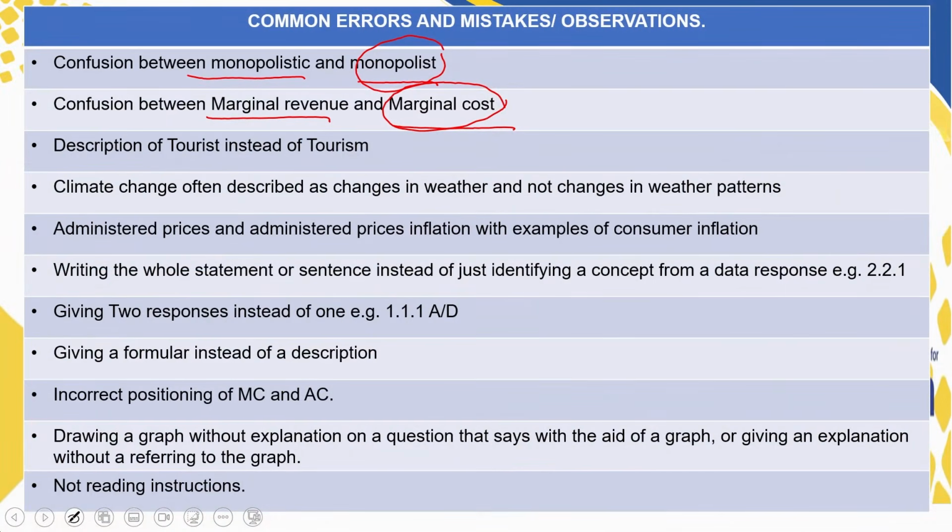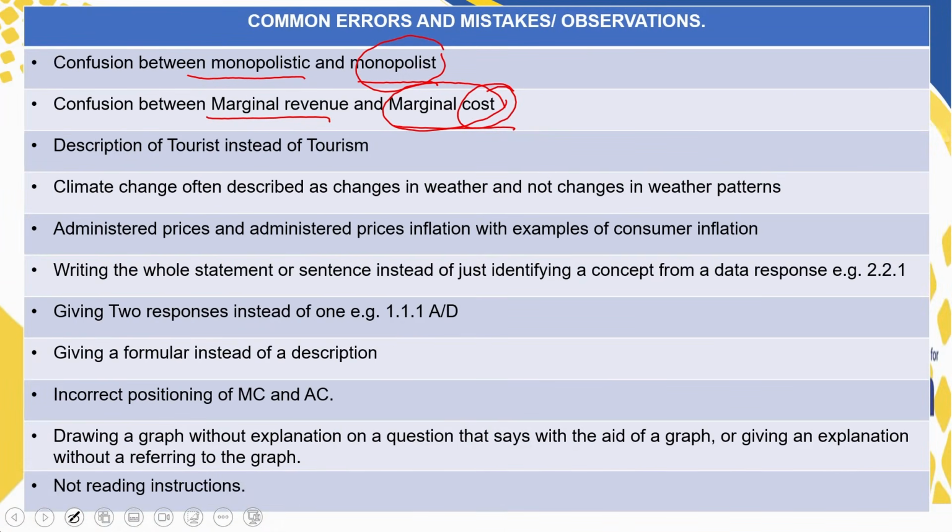There is also confusion of marginal revenue and marginal cost. With marginal revenue, we are looking at the revenue that you get after selling one extra unit. So selling goes with marginal revenue. But on the side of marginal cost, for us to sell this product, we had to produce it.